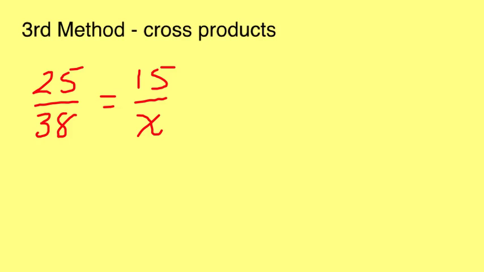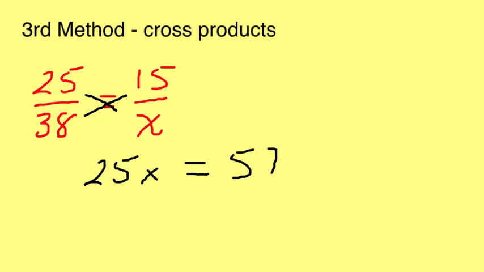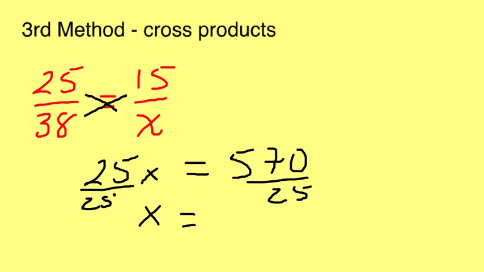And I'm going to go ahead and multiply, and I get 25x because I'm taking 25 times x, and I'm going to multiply 38 by 15, and I'm going to get 570. So in order to decide what 1x is, I have to divide both sides by 25. I'm showing a little division fraction bar here, and my x is going to equal 22.8.